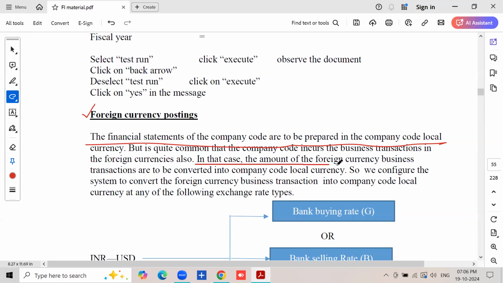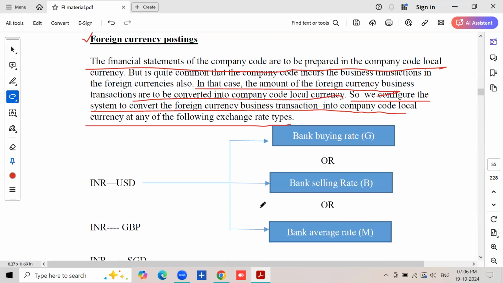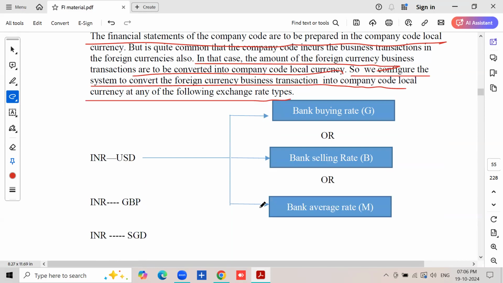So in that case, the amount of the foreign currency business transactions are to be converted into company code local currency. We can configure the system to convert the foreign currency business transactions into company code local currency at any of the following exchange rate types. Say, for example, you are incurring the business transactions in US dollars, GBP, Great Britain pound, and Singapore dollars, etc. Let us take the case of US dollar.